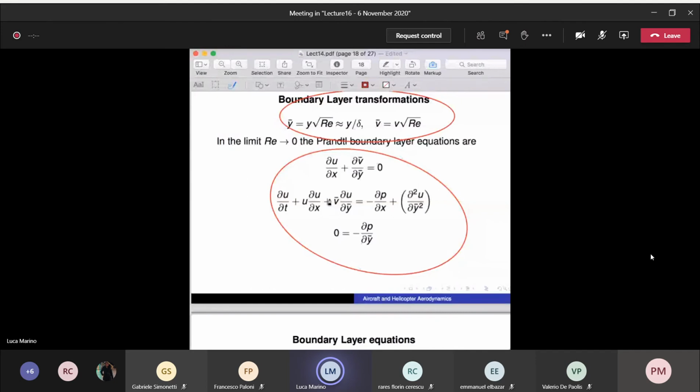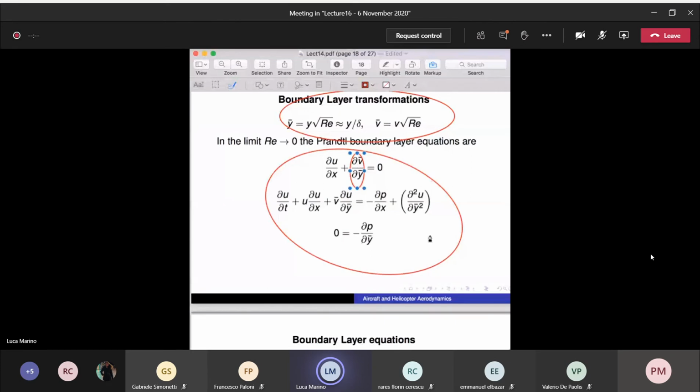For V, it is no longer present in the second-order terms of the momentum equation. So we have the derivative of V only here in this term. So we can just give one boundary condition for V with respect to the coordinate Y. V is not derived with respect to X. It should be here but it disappears.